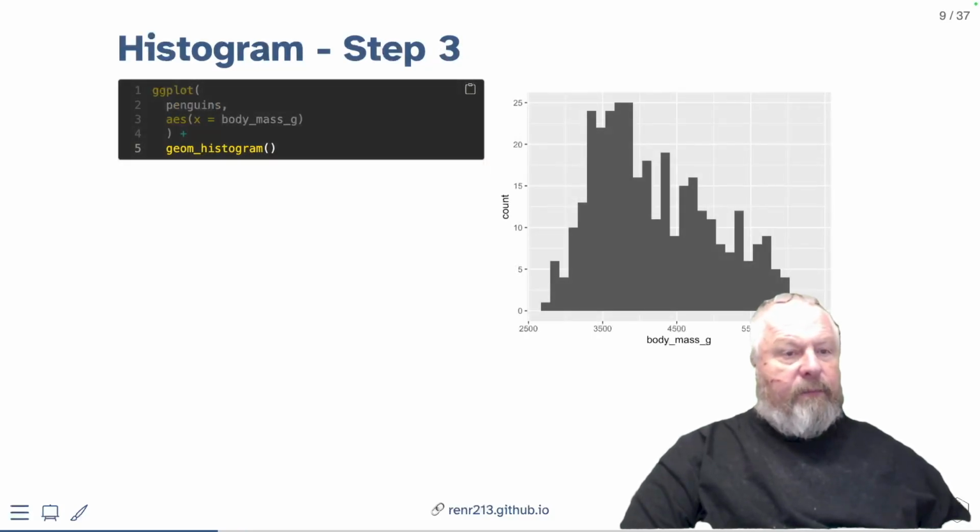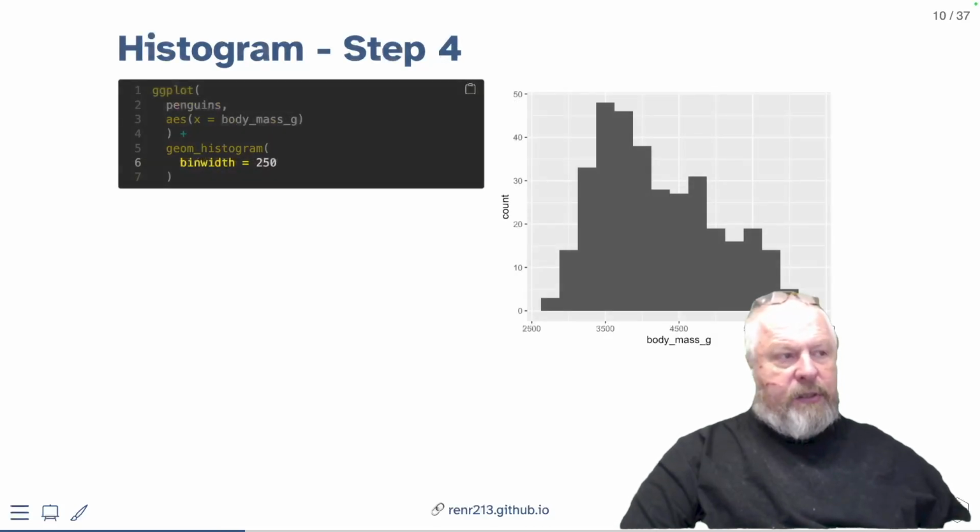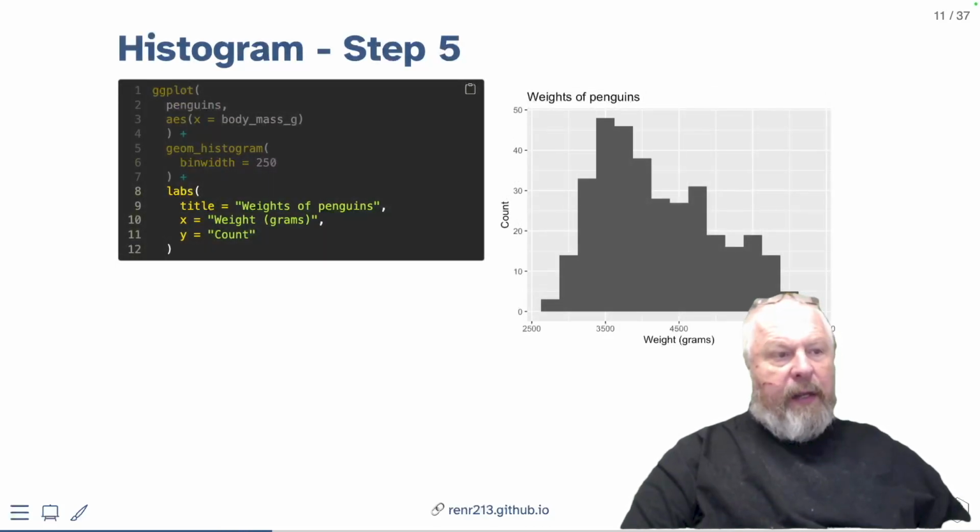It's likely that this is far too many bins. That looks much better. And then we give it some proper labels. So that gives us an idea of what the distribution of the mass in grams of penguins looks like based on the data that were collected.